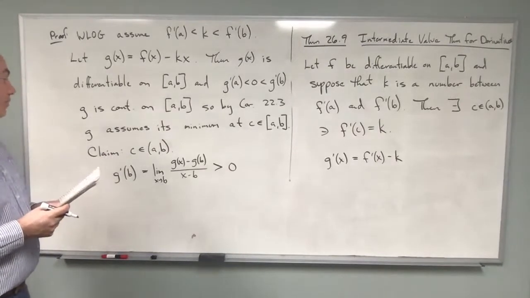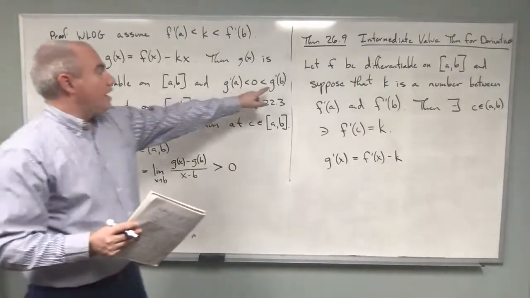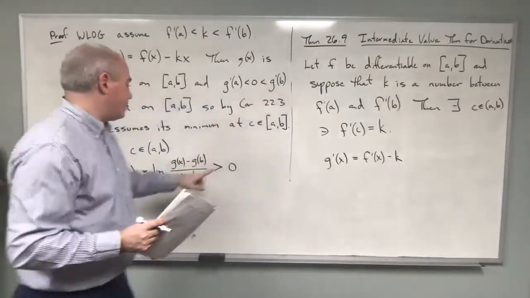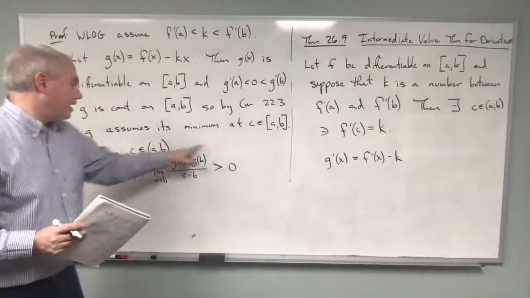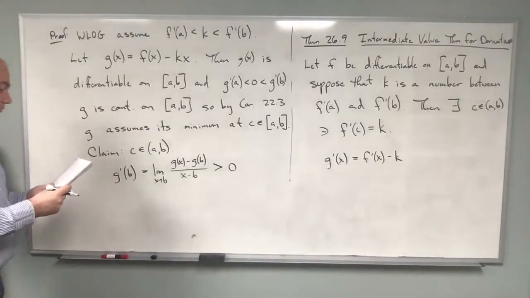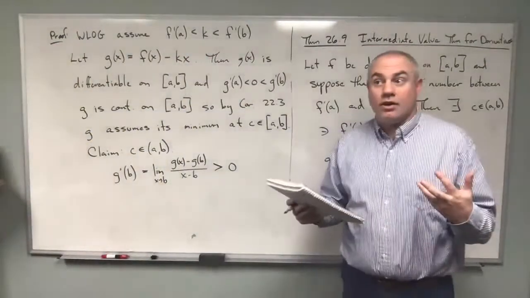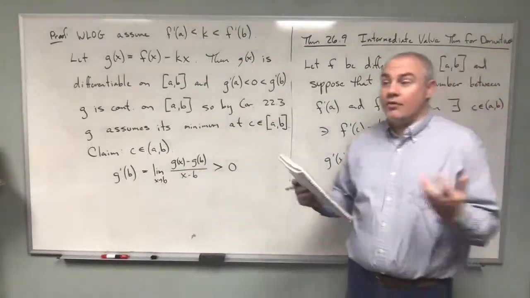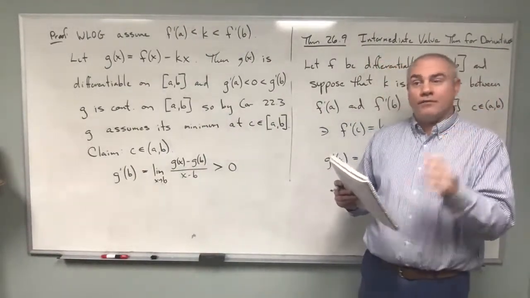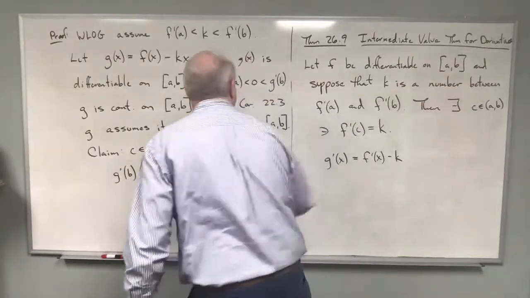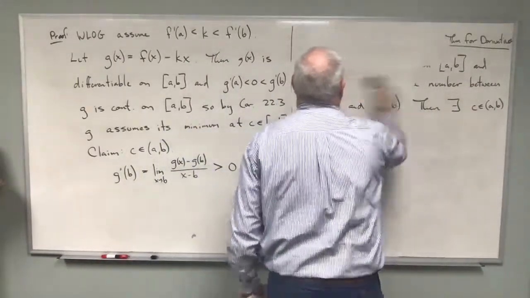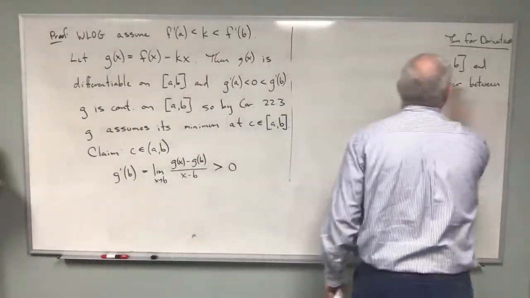Well, didn't I say it was? Yeah, right here. I said G prime of B is greater than 0. So I know that this limit is bigger than 0. If it's bigger than 0, then it's bigger than 0 sort of everywhere around it in a small interval. And let me write that in a more definite way.